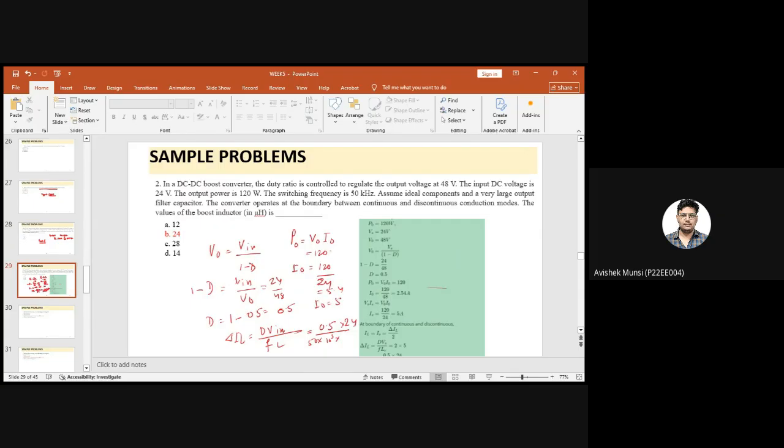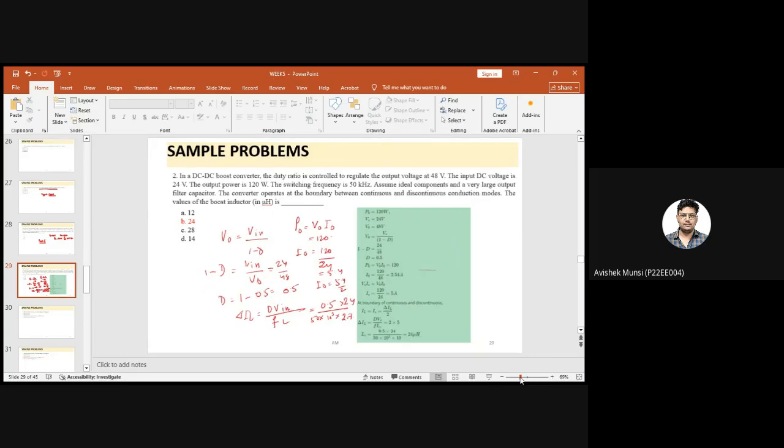So it is 5.4 by 2 is 2.7. If you solve it, it will be equal to 24 volt. Okay. So 24 microhenry is the correct answer.